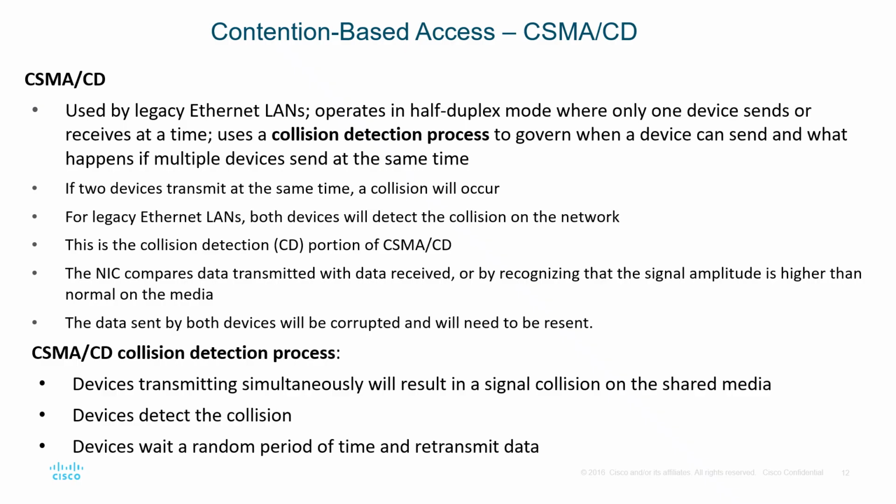If I'm on a bus, this is my bus topology, would you not agree that there are possibilities that 1 and 4 could transmit at the same time? Perhaps 4 didn't pick up the signal that 1 was sending out. So they might transmit at the same time, and they would collide.